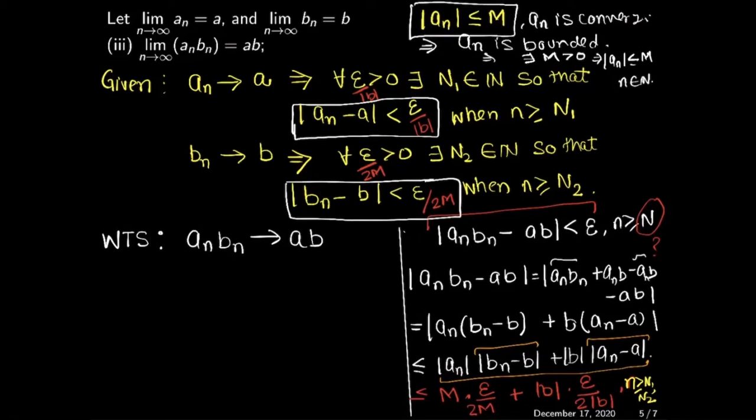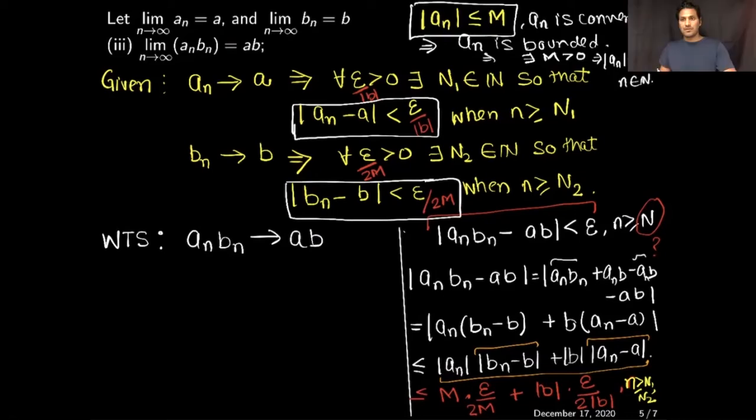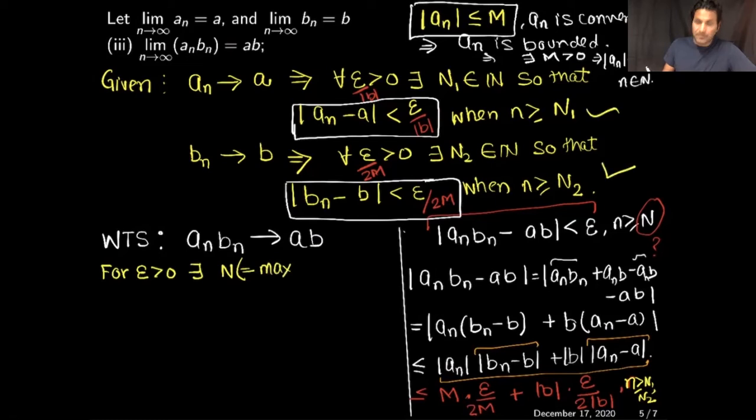So let's begin the proof now. For all epsilon positive, there exists, I can now choose my capital N. My N will be the max of n1 and n2, because this inequality and that inequality are only true when n is bigger than n1 and n2.